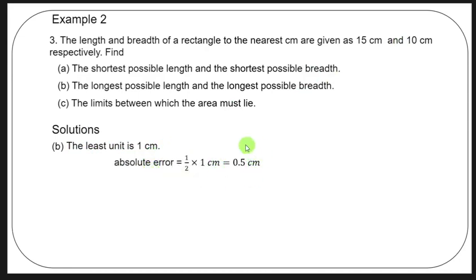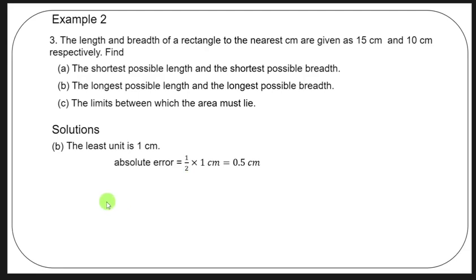Then the absolute error is still 0.5 centimeters, because we are dealing with the length whose longest possible length we are trying to find. We already determined the least unit here; even for this one, it will be 1.